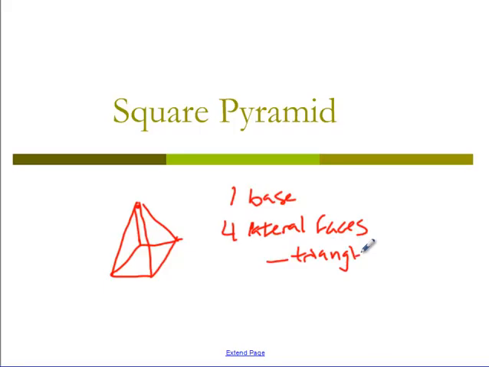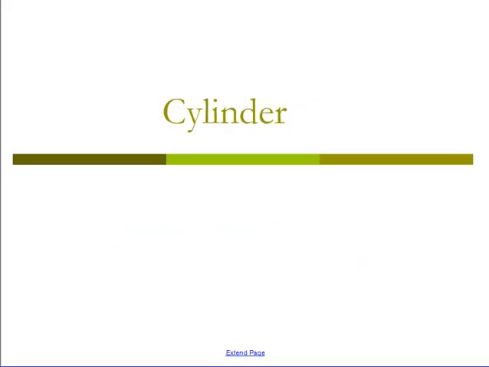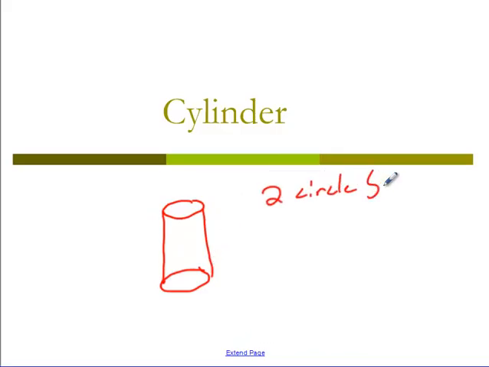They're triangles because it's a pyramid. Pyramids will have triangular faces, whereas a prism will have rectangular faces. A cylinder, you've seen it before, it's a can, it's got two circle bases and then one lateral area connecting it.